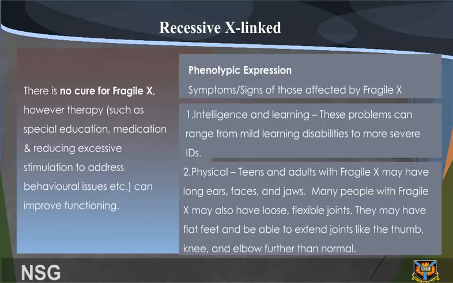Teens and adults with Fragile X may have long, narrow faces and jaws. Many people with Fragile X may also have loose, flexible joints. They may have flat feet and be able to extend joints like the thumb, knee, and elbow further than normal.